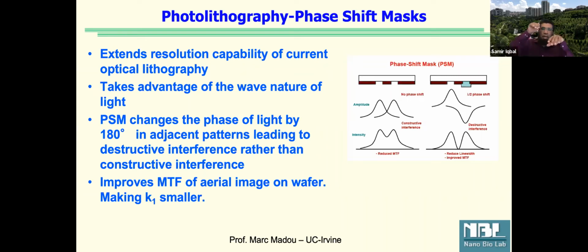If one wave is at the high, the other wave would be at the lowest end. So when two waves destructively interfere with each other, they would cancel out the signal. Hence you would get a sharp edge, right? Like it is shown here on the right hand side, you get a sharp edge between two features.